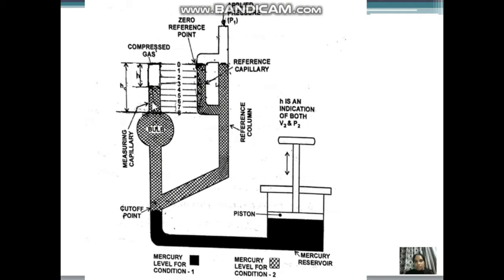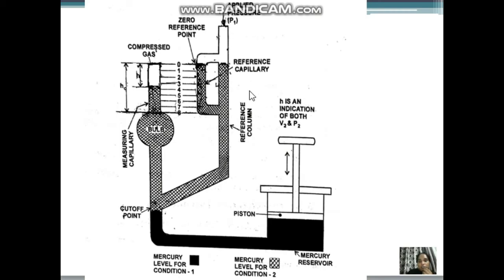I will explain again. Initially, when we apply the pressure P1 here, it occupies the reference column and the measuring capillary tube. Then we operate the piston, so the mercury reaches the cutoff point. Taking this as the reference, the pressure P1 occupies this capillary tube and this area.